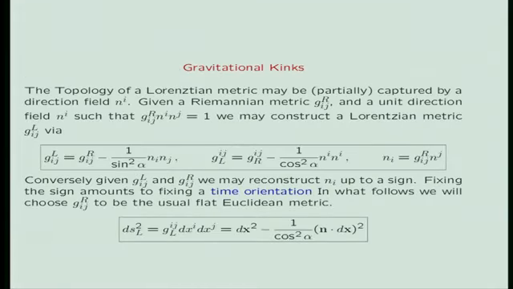So what's a gravitational kink? Well, I'm going to go back to square one and say what's a Lorentz metric. Well, a curved metric, as I've explained, locally is just a way of measuring lengths in three orthogonal directions. You can diagonalize that metric. And the main point is that the length in all three directions is positive.